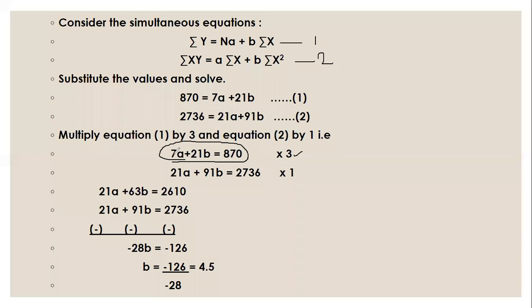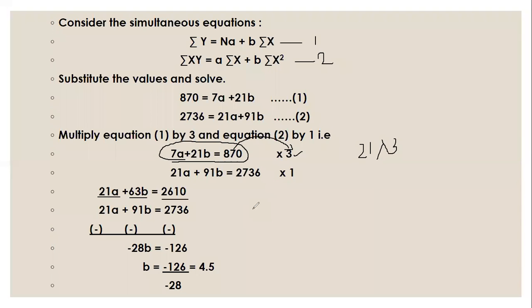So when I multiply the whole equation with 3, 7 3s are 21a, 21 into 3, 21 3s are 63, so 63b, 870 into 3 is 2610. Now, why am I doing this? Only because I will be able to cancel 21a and it will be easy for me to solve for b. So that is why I multiply 3 here.